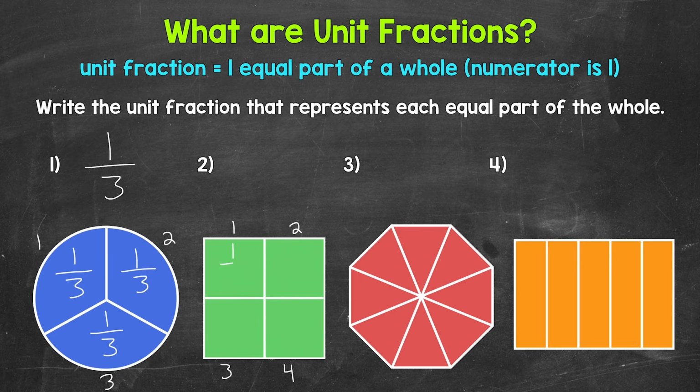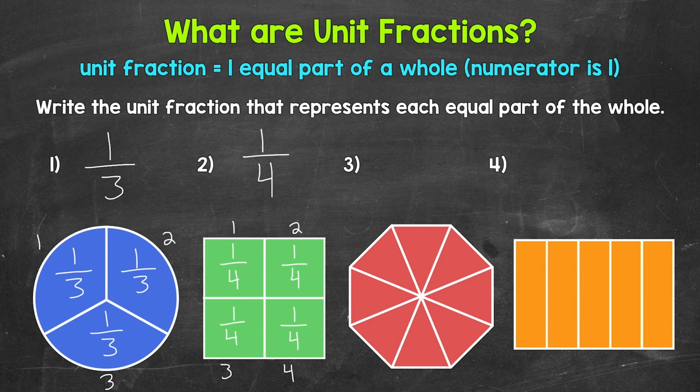So this is 1/4 of the whole, 1 equal part out of the 4 total equal parts. This is 1/4 of the whole, this is 1/4 of the whole, and this is 1/4 of the whole. So 1/4 is the unit fraction that represents each equal part of the whole.